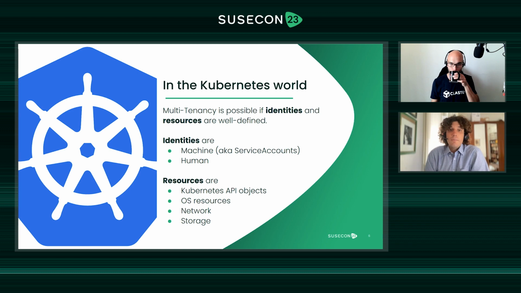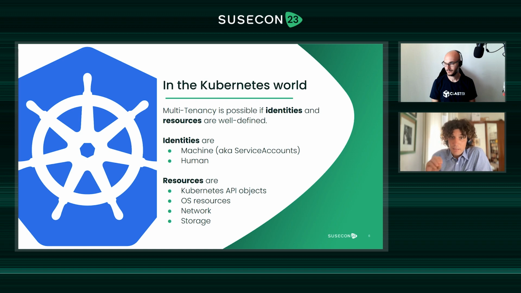Okay, so how does it work in the Kubernetes world? As you know, Kubernetes has become a de facto standard for new applications. And how does multi-tenancy work in this new de facto standard way of deploying applications, which is Kubernetes? So in Kubernetes, we have a few primitives that work really well to isolate resources between different tenants.